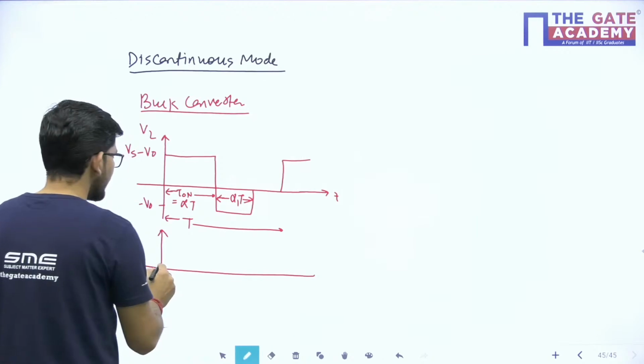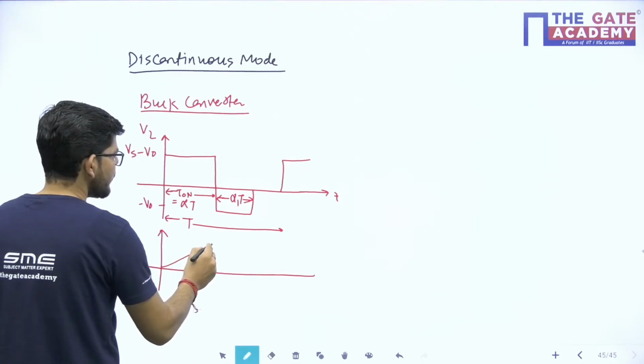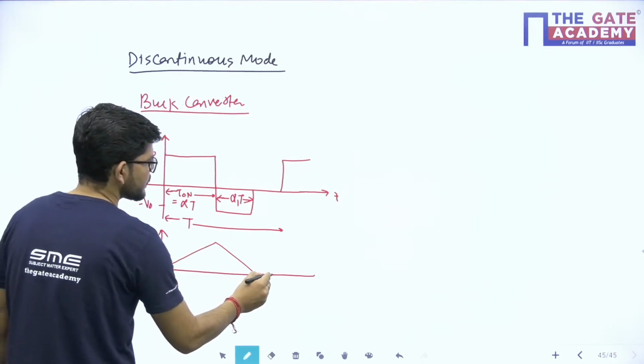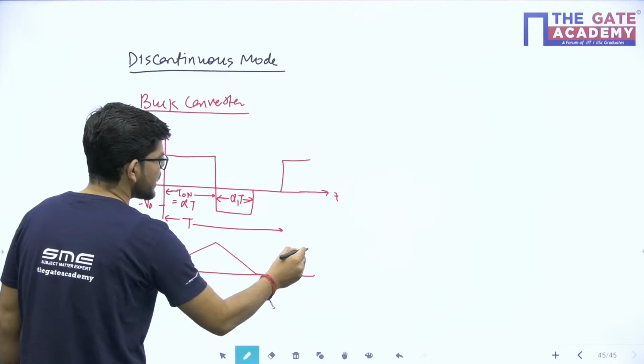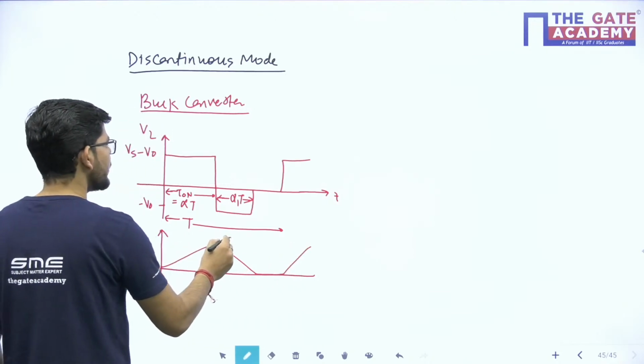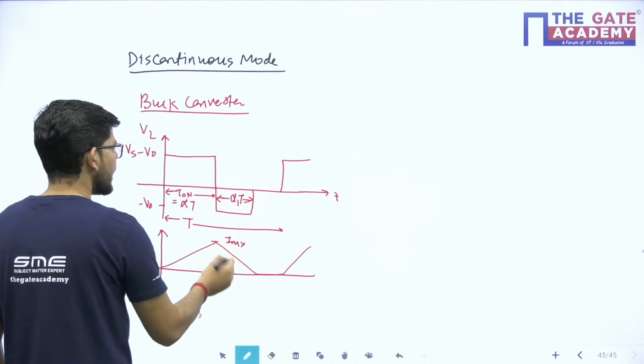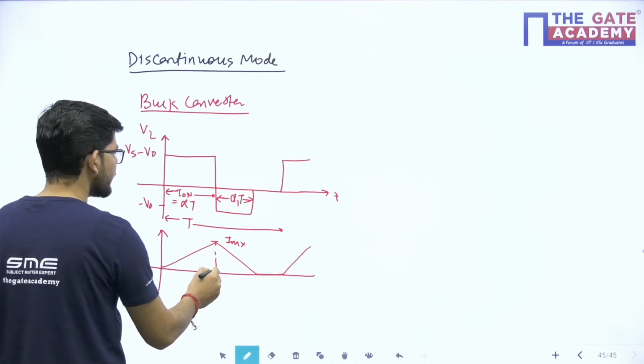Now if I talk about the current, it will be like this. Since it is a discontinuous mode of operation, you will have only I max, and I min will be equal to 0.